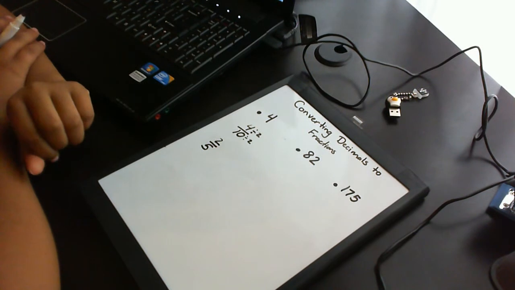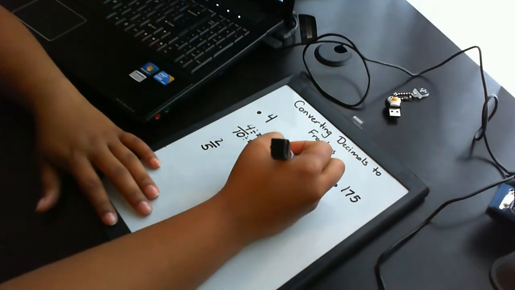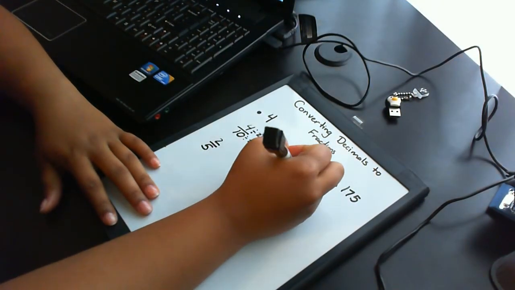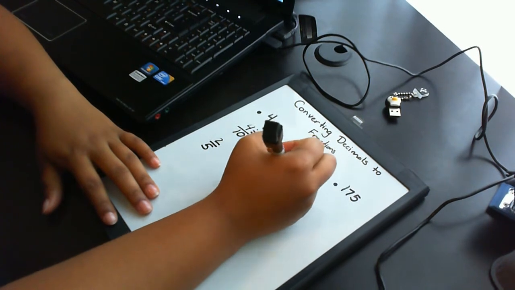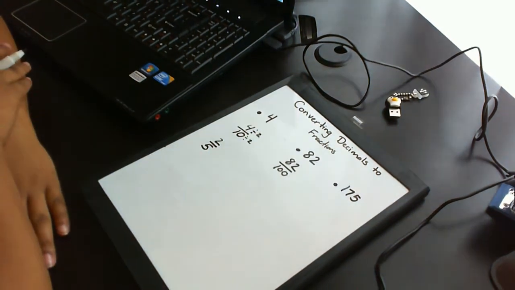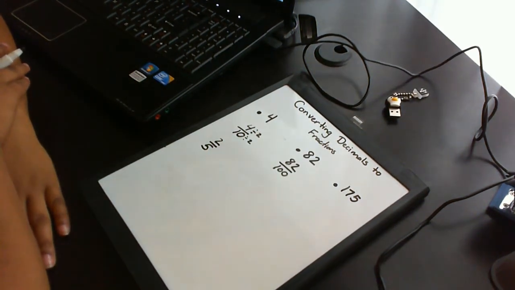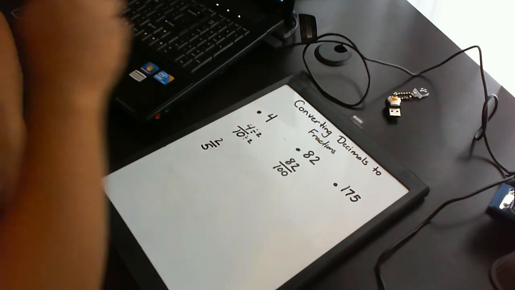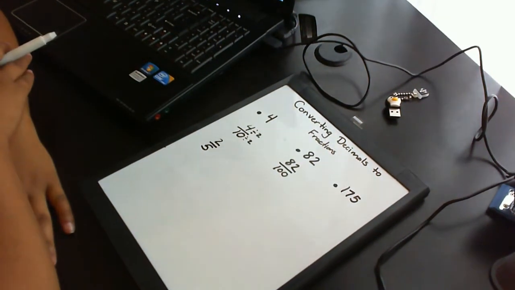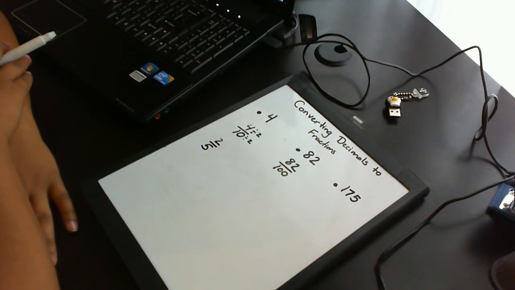So let's go to 82 hundredths. We would write that as 82/100. So 10 won't work because this doesn't end in 0. 5 won't work because 2 is not a multiple of 5.